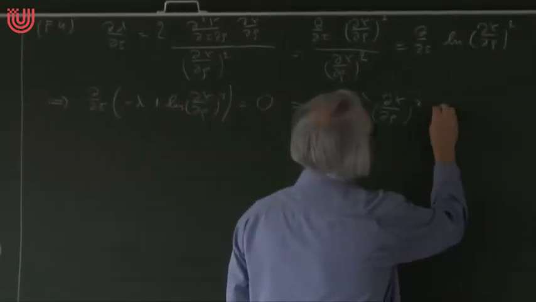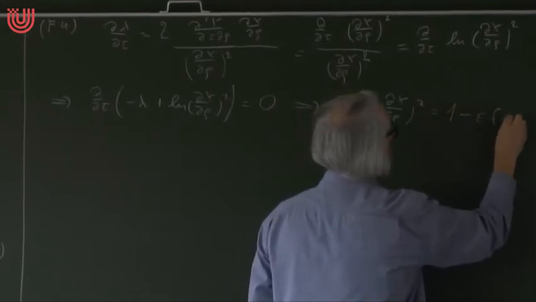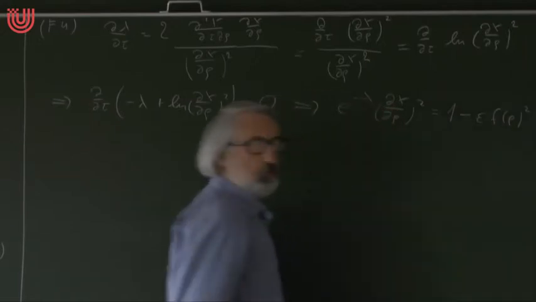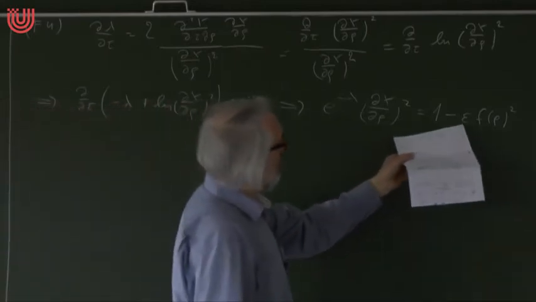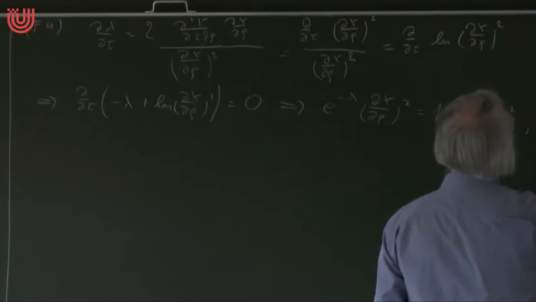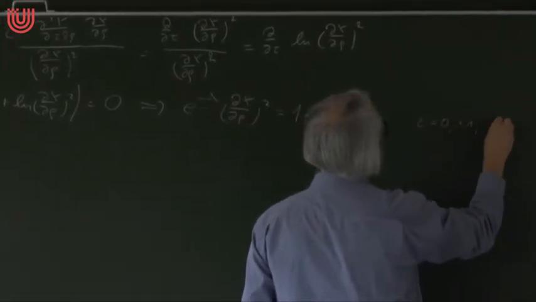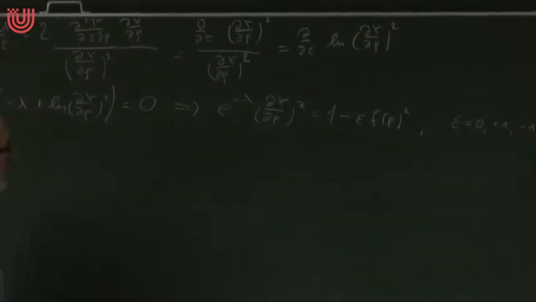And I write this in a funny way. I write this as 1 minus epsilon f of rho squared. Well, the reason is that I know that the solution will behave differently depending on the sign of epsilon. So I have, of course, to allow that the epsilon is 0, plus 1, or minus 1. So this is a general solution on a certain interval of this partial differential equation.